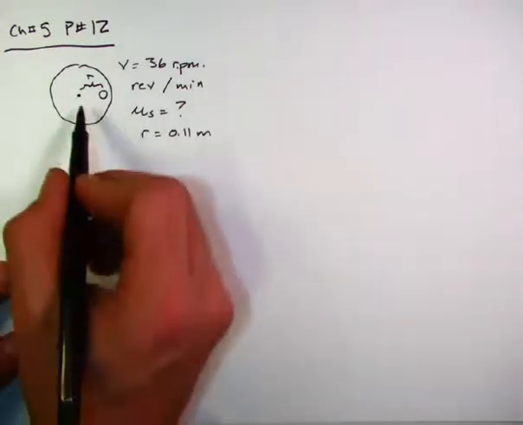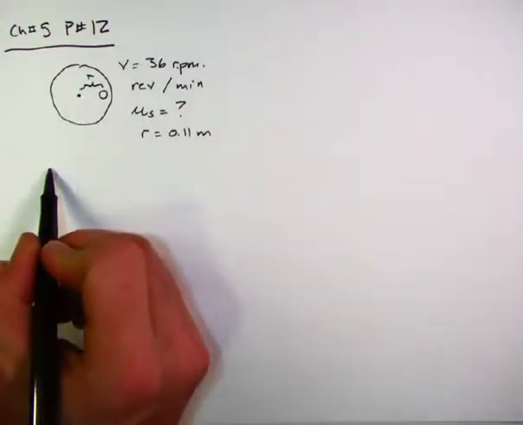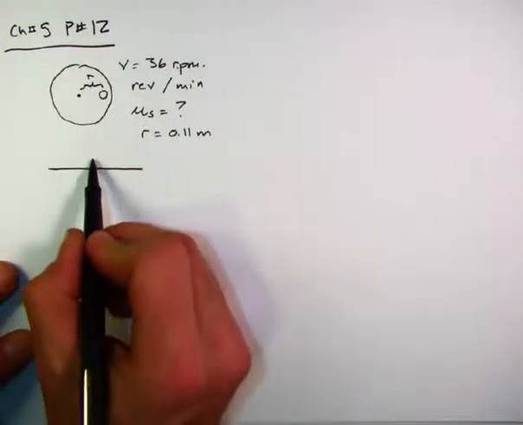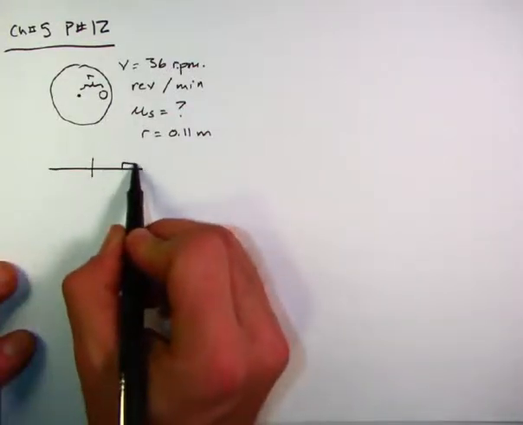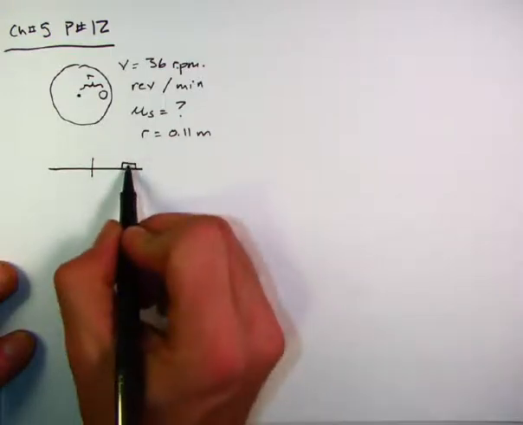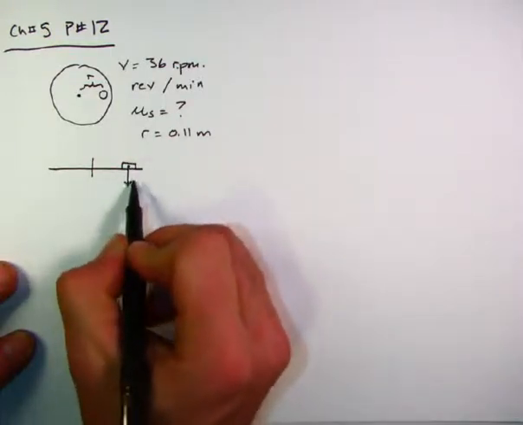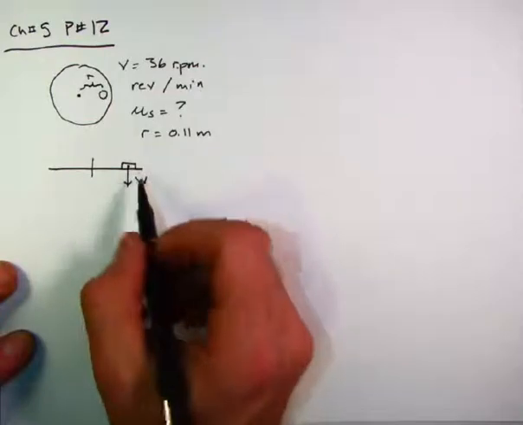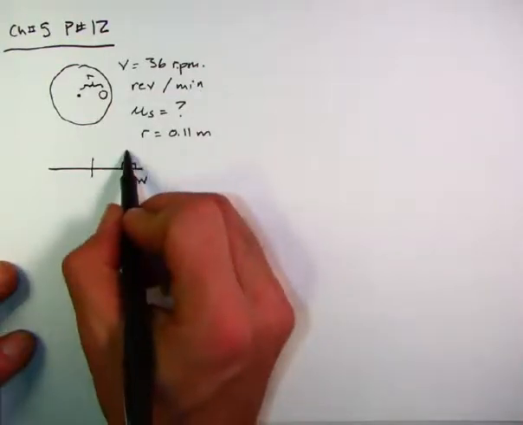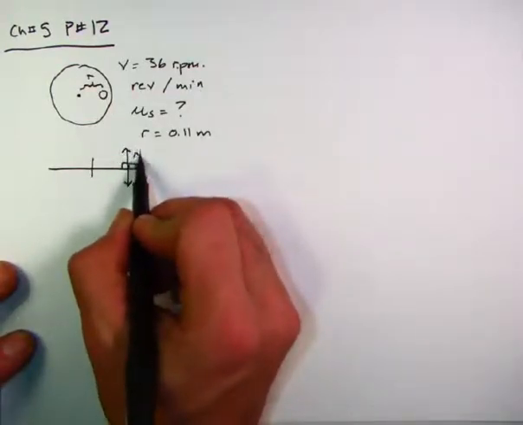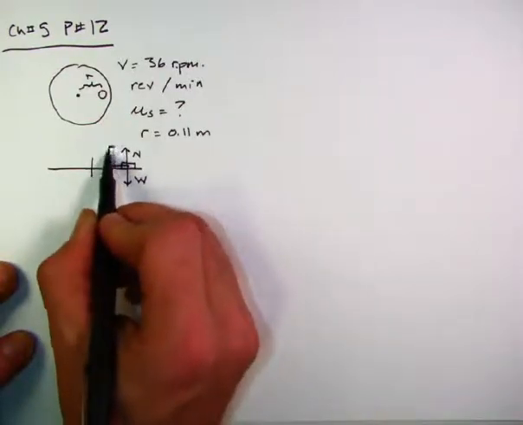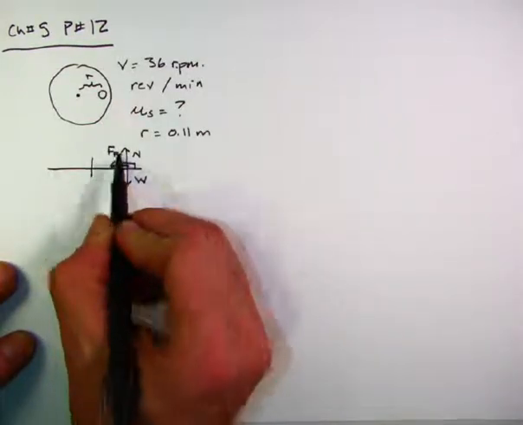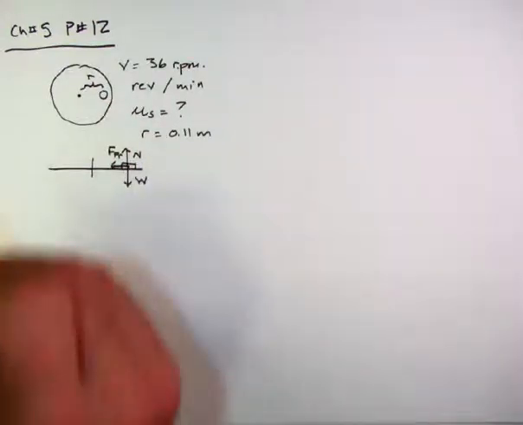For my free body diagram, I'm going to look at this record from the edge. Here's my axis of rotation, here is my coin. The coin has a weight, which we're assuming is mg. It has a normal force, and it is actually the friction force that is causing the coin to rotate in a circle.